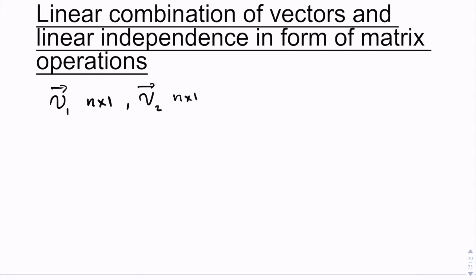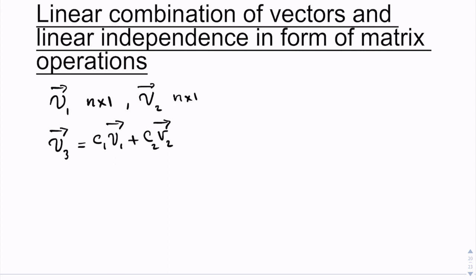Then we define v3, which is a vector, by multiplying vector 1 by a scalar, we call it c1, and then sum it up with v2, but before that we also scaled v2. So in here v3 is a linear combination of v1 and v2.